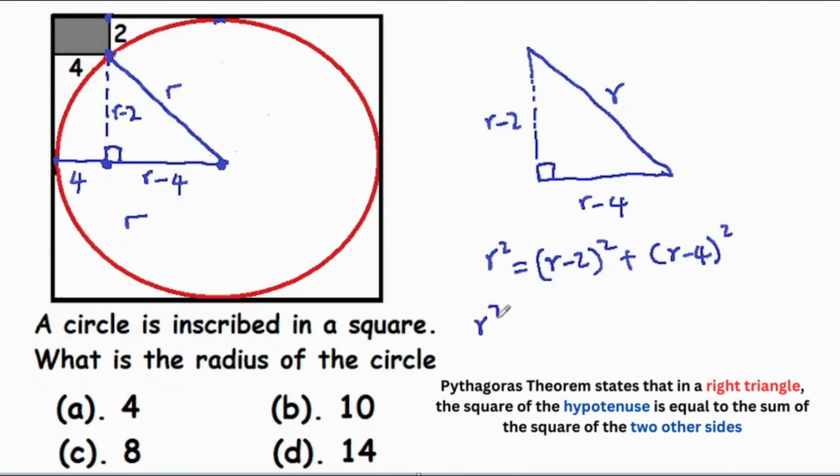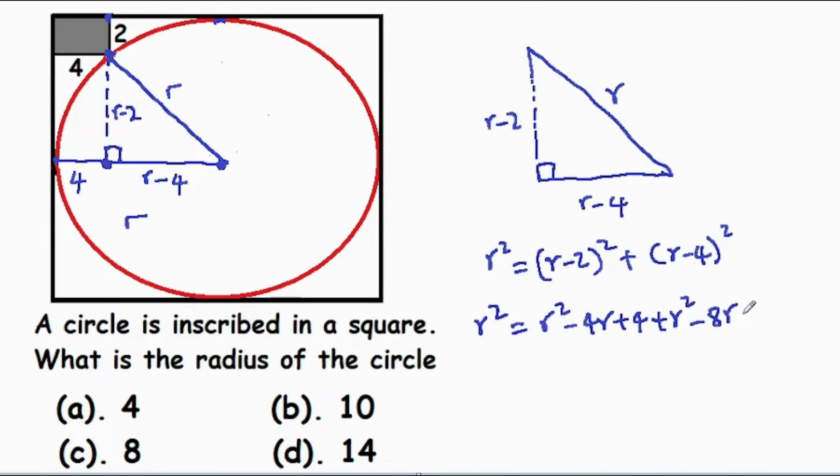So r squared is equal to, if we open this bracket, we are going to have r squared negative 4r plus 4, and this is going to give us r squared negative 8r plus 16. Okay, so let's collect like terms. So r squared plus r squared, that is 2r squared.